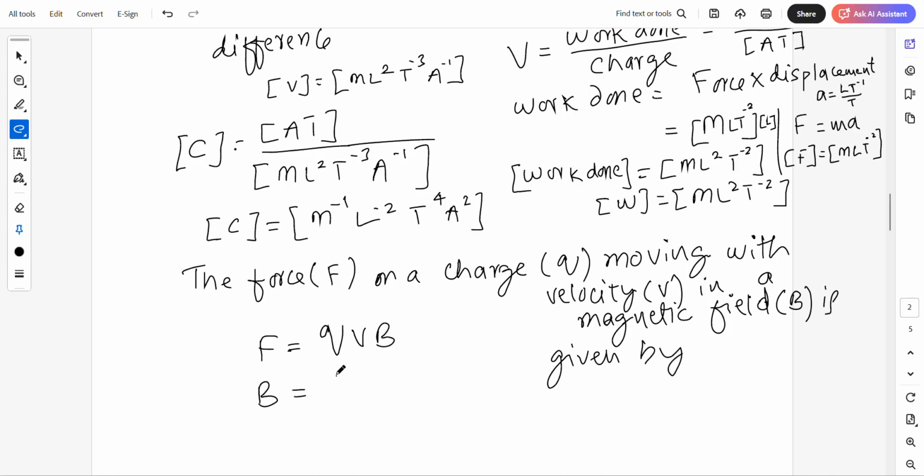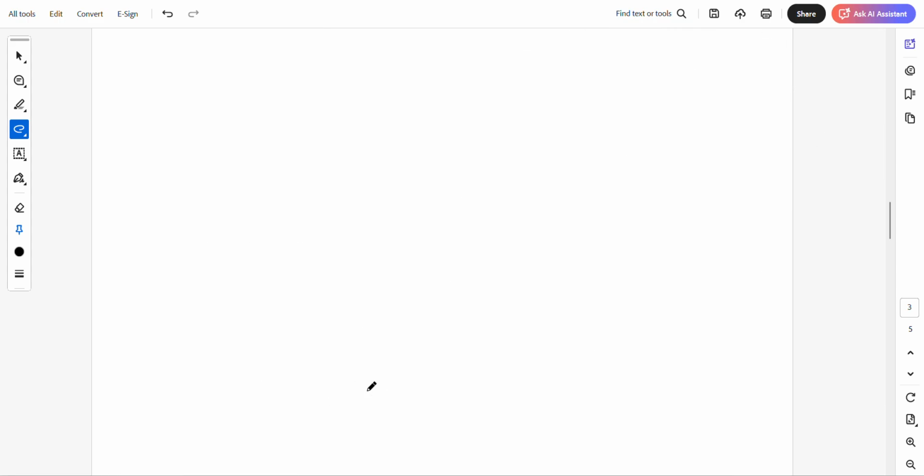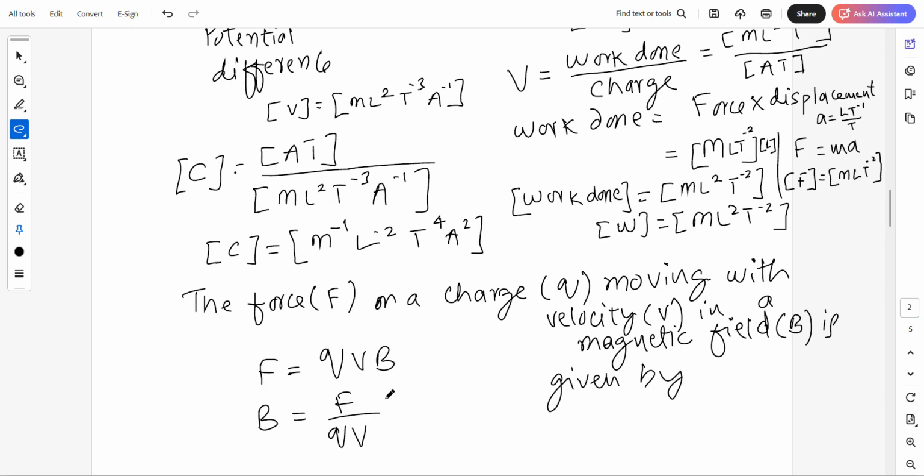B is equal to F divided by Q into V. What are the dimensions? What are the dimensions of force? Just now we calculated.